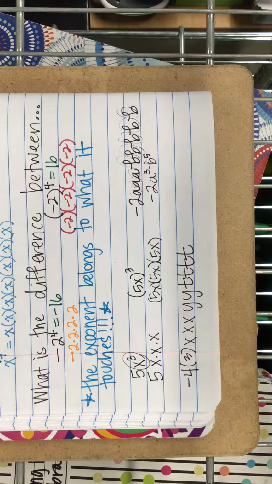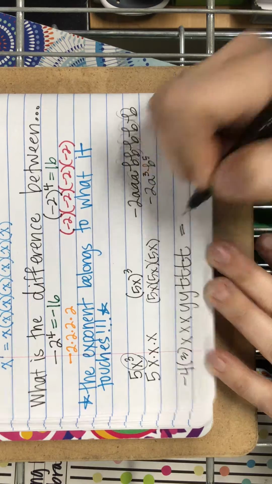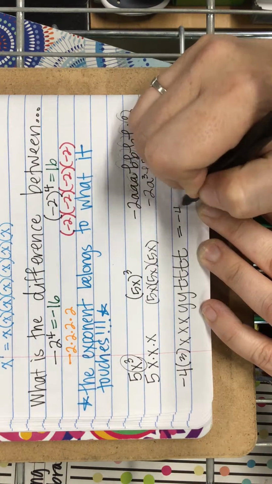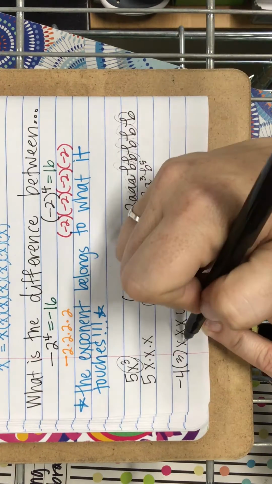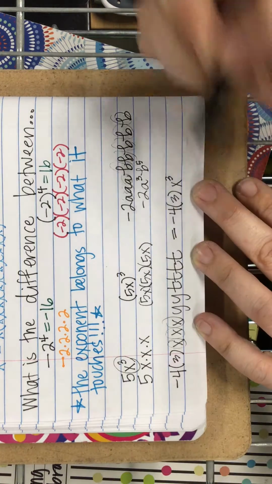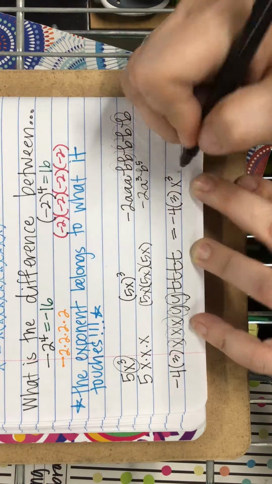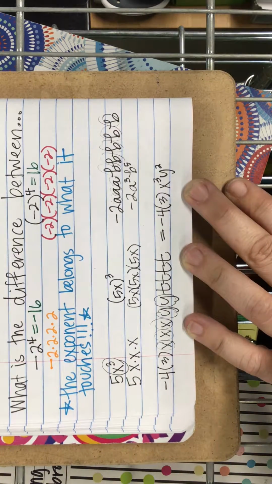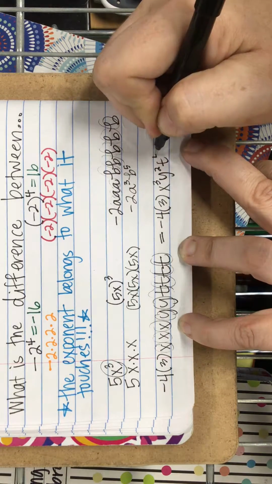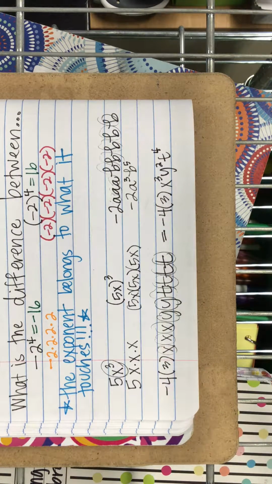How can I rewrite this? Okay, Landon, tell me. I think it's -4 and then the parentheses 3, then x to the third power, and then y squared, and then t to the fourth power. I think that is a start. Am I not right?